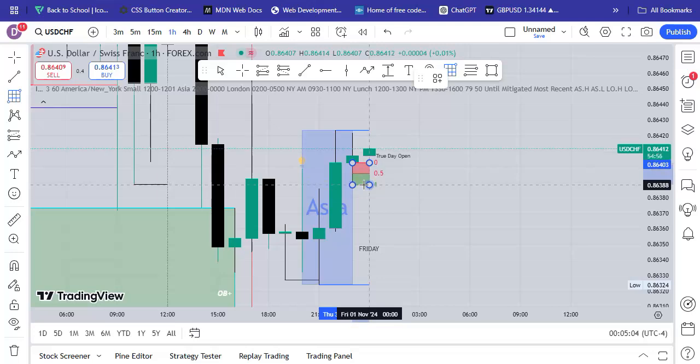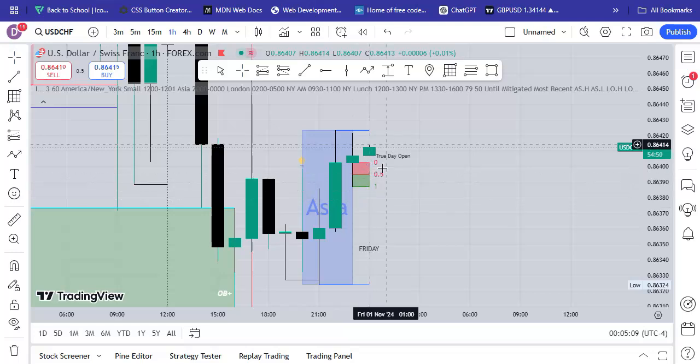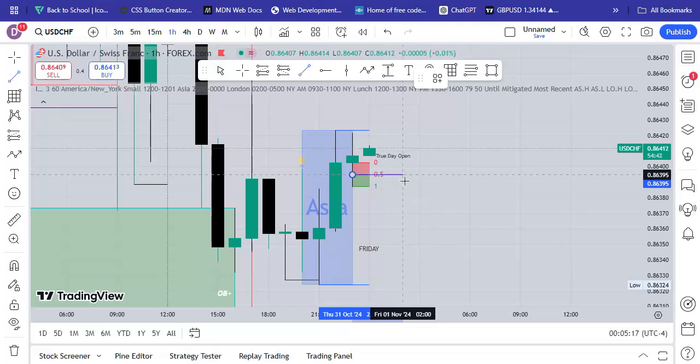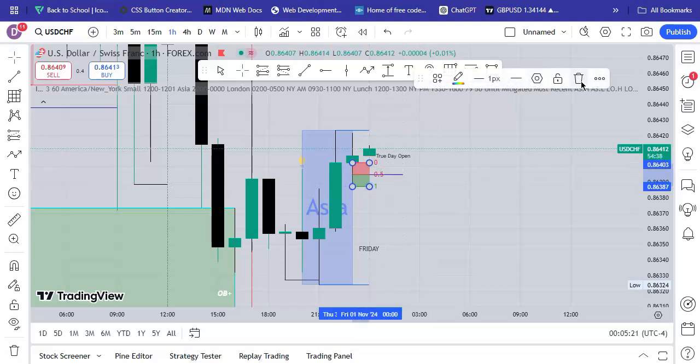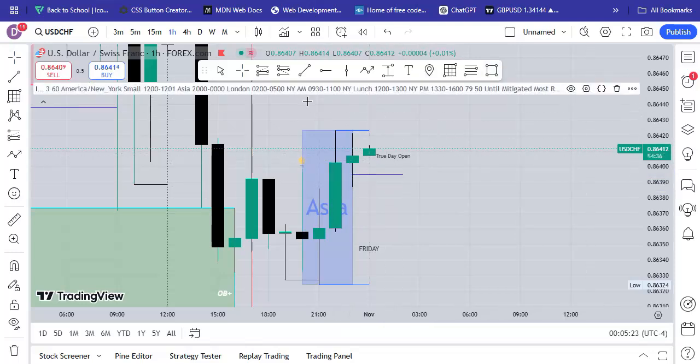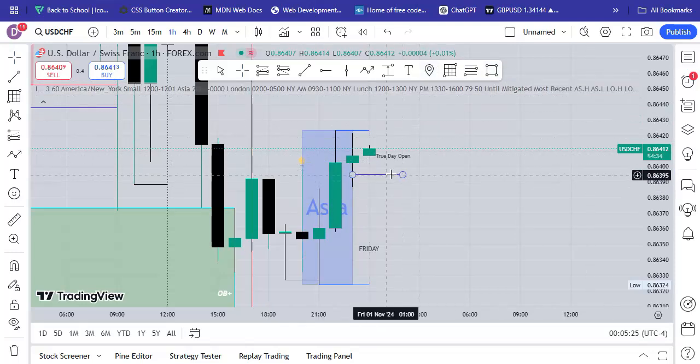So this is the 50% level of this. So this is a strategy that's ICT, I think it's 2023 ICT mentorship, I'm not sure.